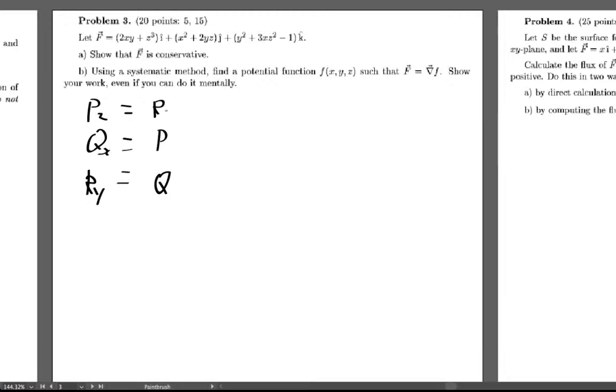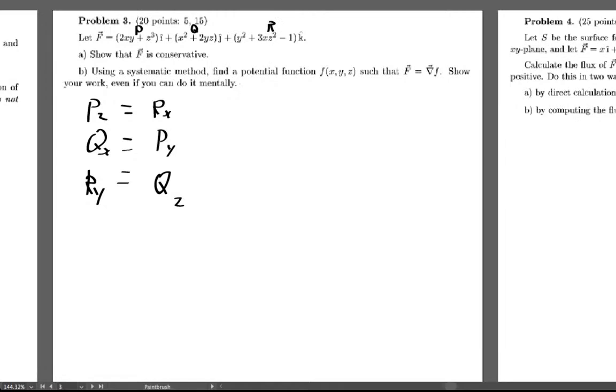We want to make sure that these partial derivatives are the same. By the way, this thing here is P, this thing here is Q, and this thing here is R.